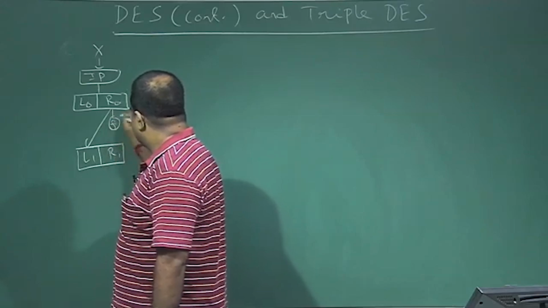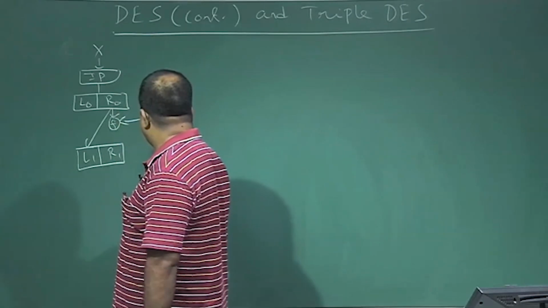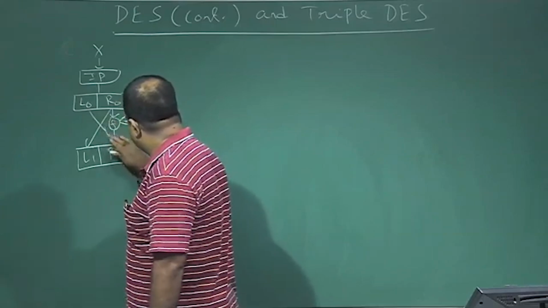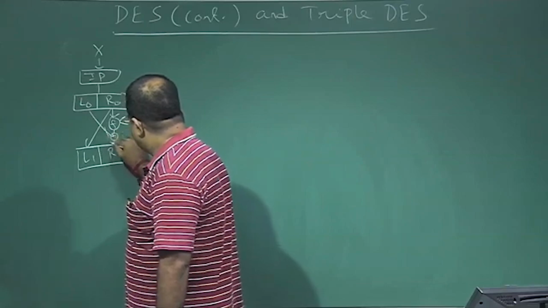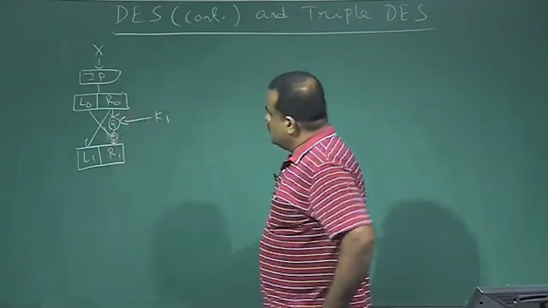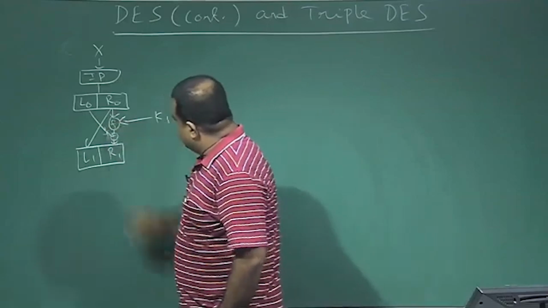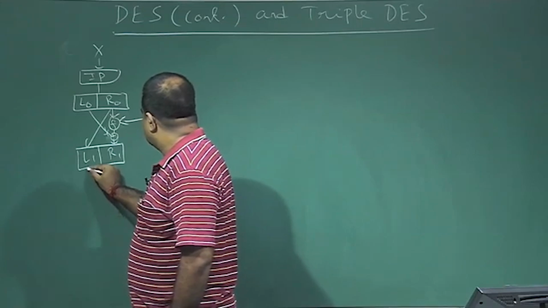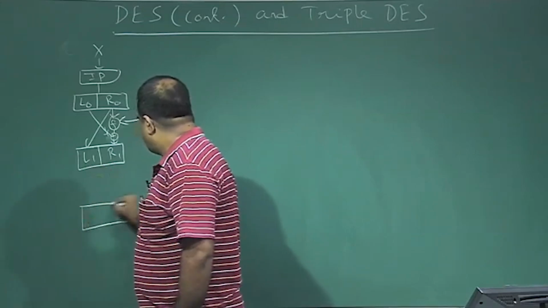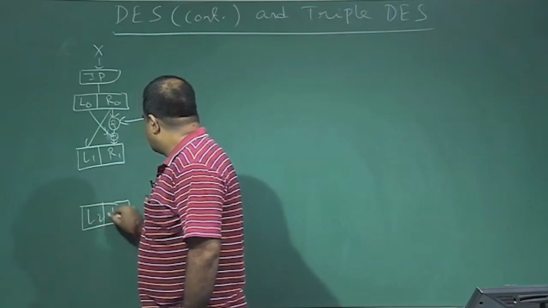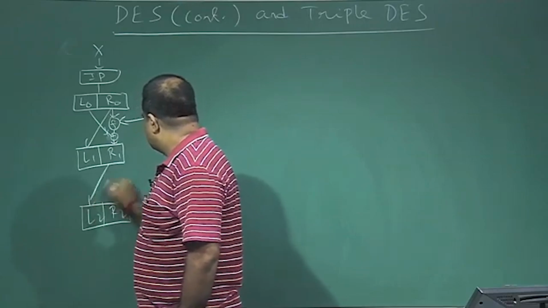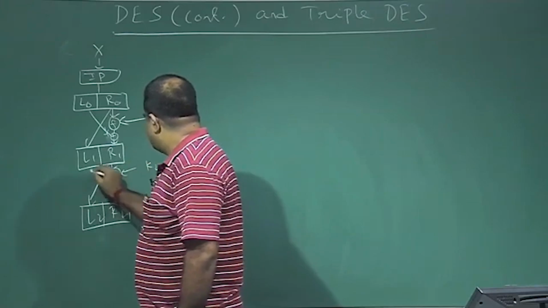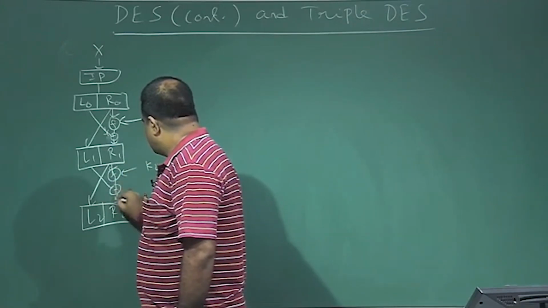Then this is the function f, which takes K1 as the first round key. Then we are XORing with this, a bitwise XOR, and this is the R1. So this is the first round, and then we continue. From here we have L2, R2, the same Feistel structure we apply with K2, then we XOR.